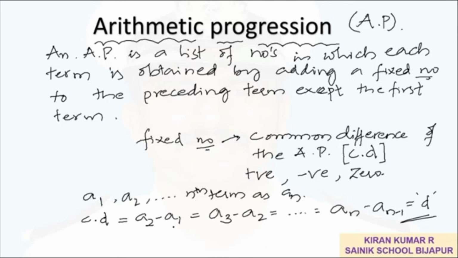What is this A2 minus A1? Second term minus the first term. It would give the difference. An is the last term of an AP, and An minus the preceding term, An minus 1, is also giving the common difference d.